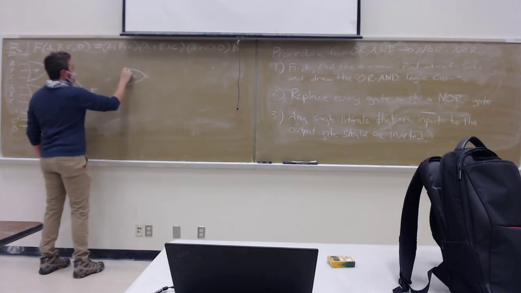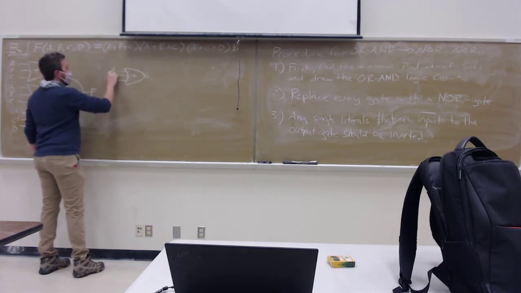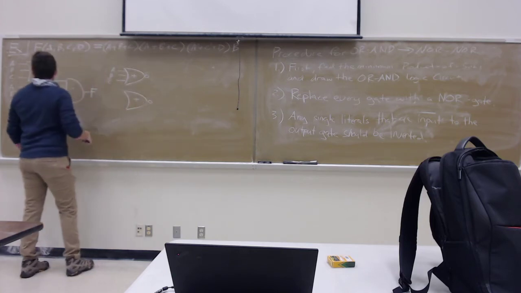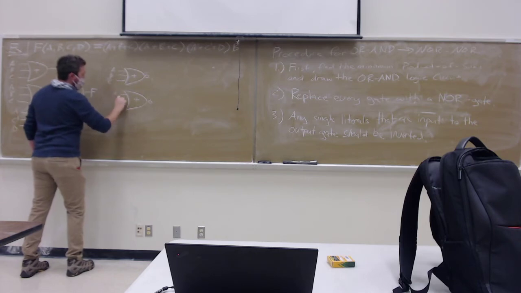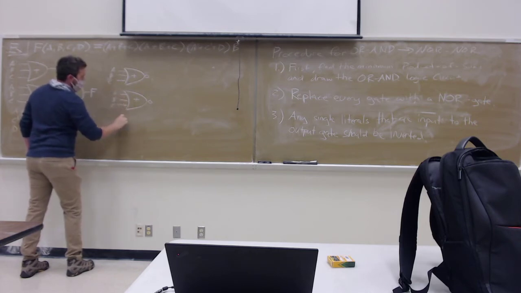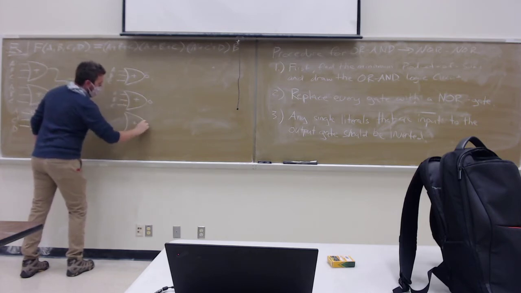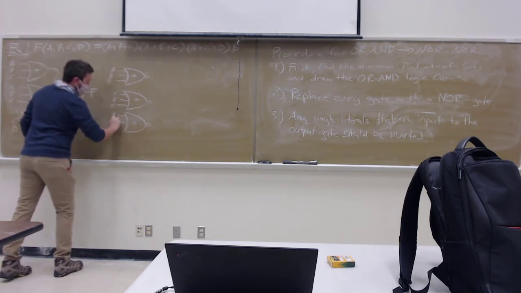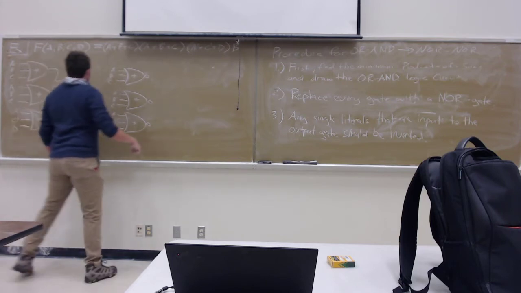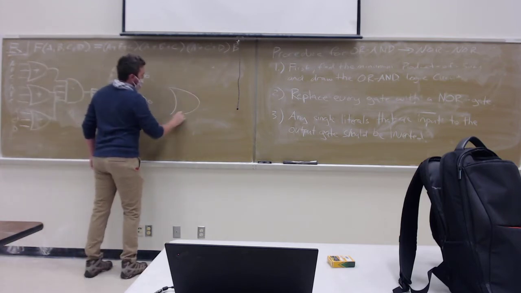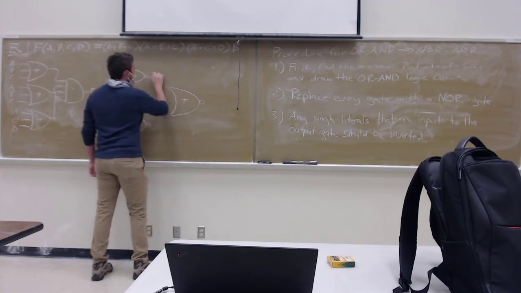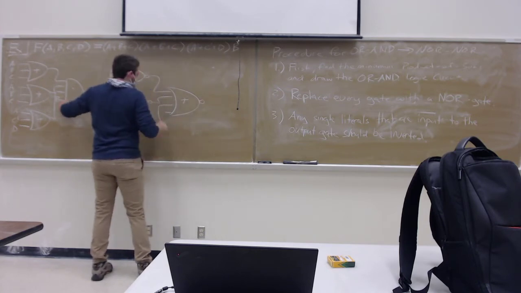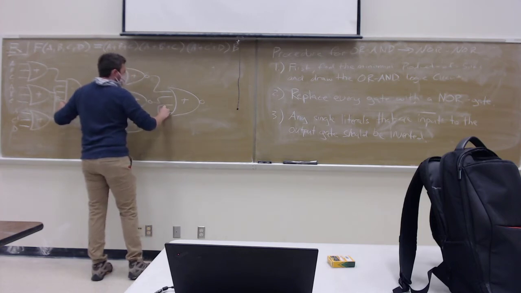So a NOR gate for A, B, and C. A NOR gate for A, B prime, C. A NOR gate for A, C prime, D. And then finally, a NOR gate which takes all three of these, and B becomes B prime.